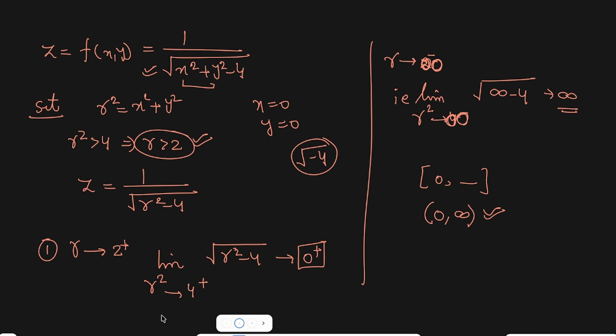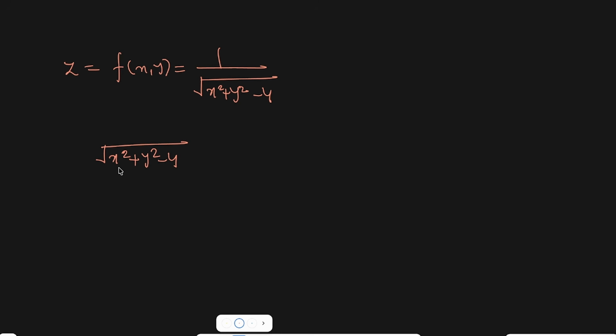Again, if you are not understanding, I will give you a simple trick. Z is equal to f of x comma y, that is 1 upon square root of x square plus y square minus 4. First of all, range should be 0 to something. Now you check, if you put 0, 0 here, it means your x is equal to 0, y is equal to 0, and what will happen?